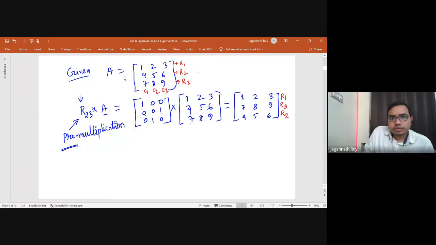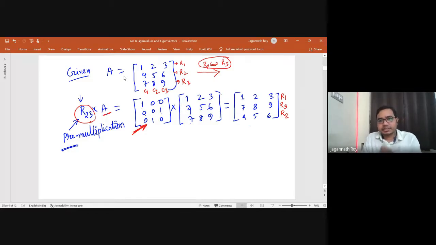If we do only row operations, what do we do? R2 exchanged with R3. So if we do this elementary row operation, or if we pre-multiply this elementary matrix to the given matrix, then the rows will be exchanged.